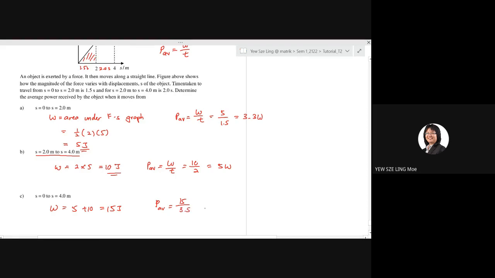So divided by 3.5, which is then equal to 4.3 watt. So it's very, very simple. You just need to get the work done from the graph, and make sure you calculate the correct part of the graph. Okay, so 1 minute for you to write it down, then we are almost done.